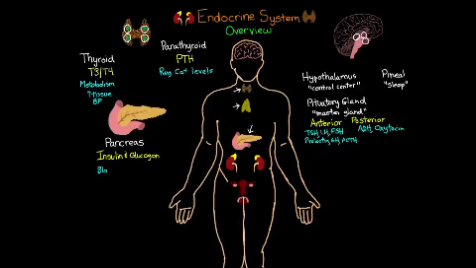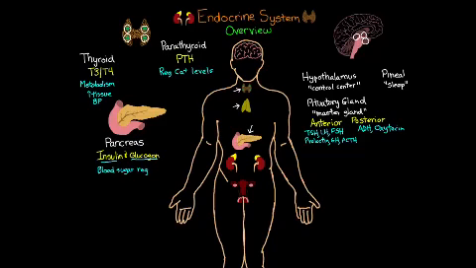And insulin and glucagon play a very important role in our blood sugar regulation. Our insulin will be secreted as a result of eating, while glucagon is going to be secreted as a result of fasting. And so insulin, after we eat, is going to cause that blood sugar to come down, whereas glucagon, if we haven't eaten in a while, is going to stimulate the liver to provide the body with the energy that we need.